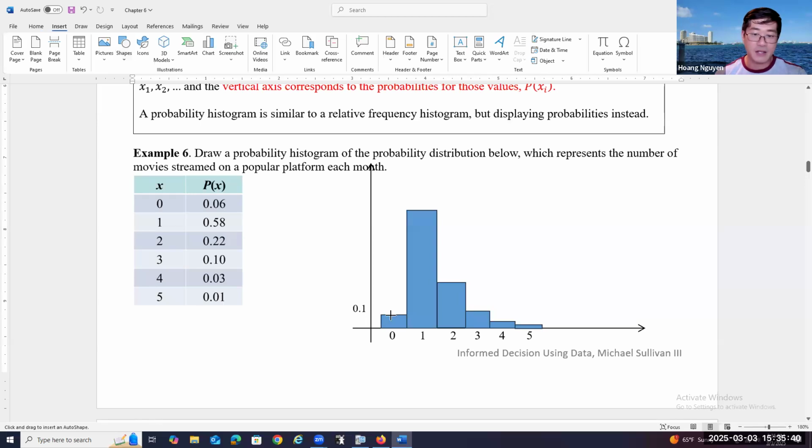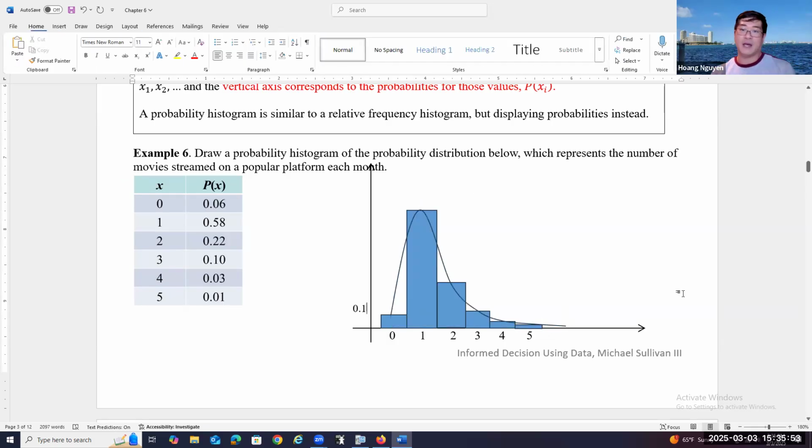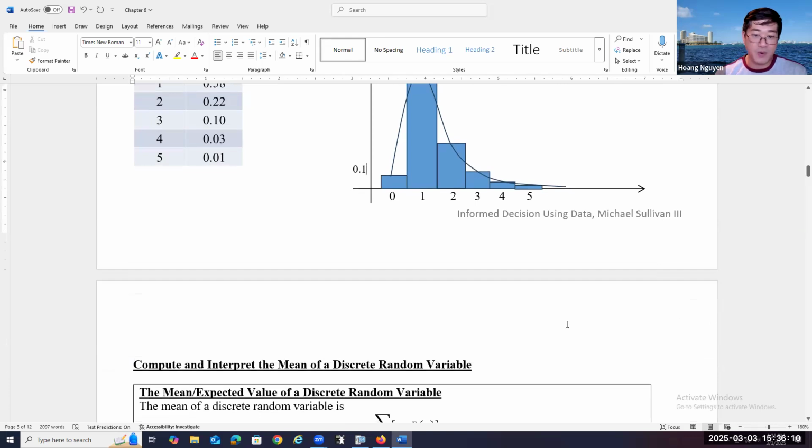Let me try to connect the rectangles together so it can give you a better idea. So something like this. We can see that the tail to the right is longer, so we can say that the distribution of this random variable is skewed to the right. So that's the probability histogram.